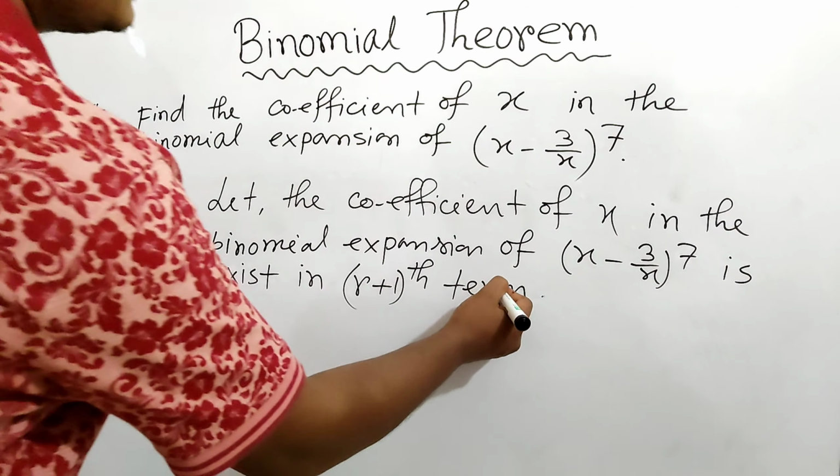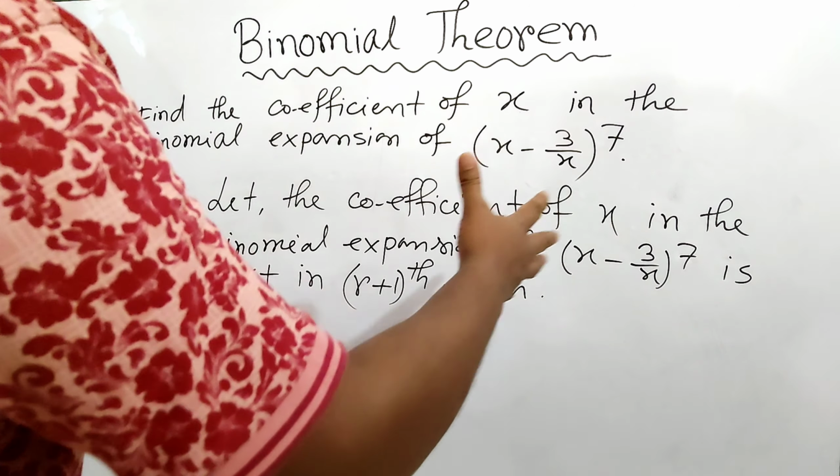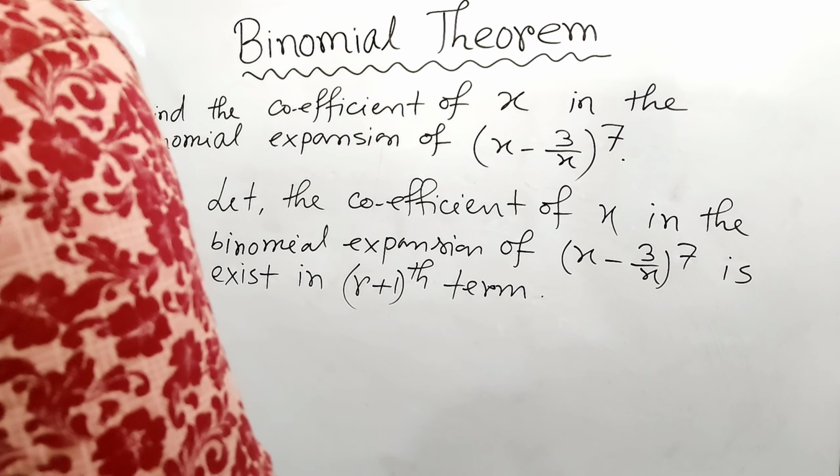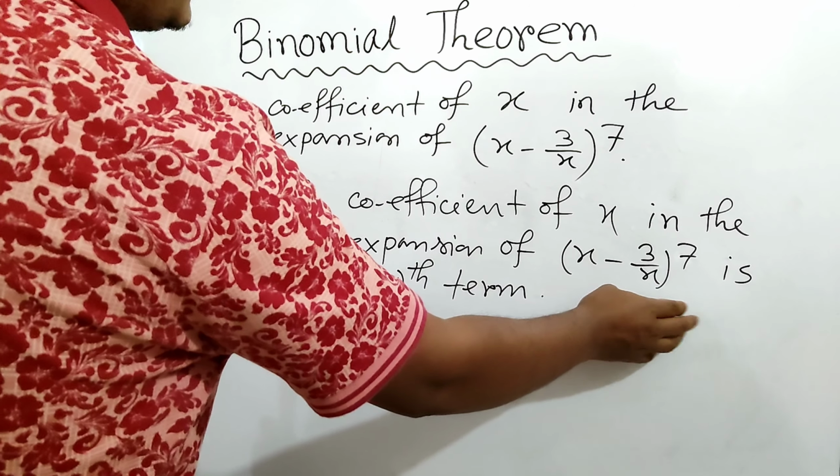Here I am writing it out clearly, or you can write it shortly. So now we need to find the r plus 1 term of this expansion.